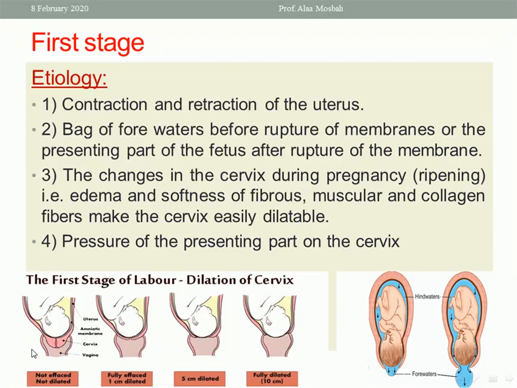As you see in this picture, this is the cervix, not effaced and not dilated. This cervix is fully effaced, but only 1 centimeter dilated. This cervix is effaced and 5 centimeters dilated. This cervix is fully dilated, 10 centimeters.